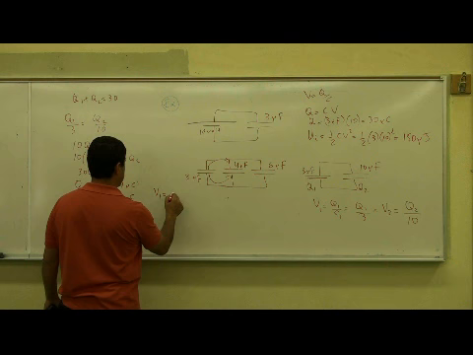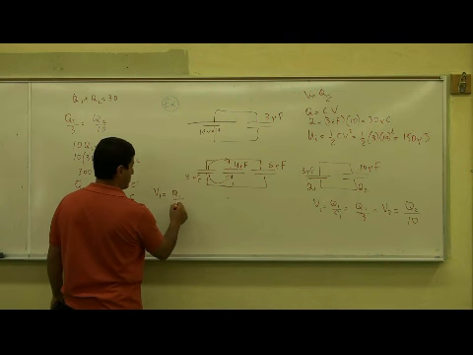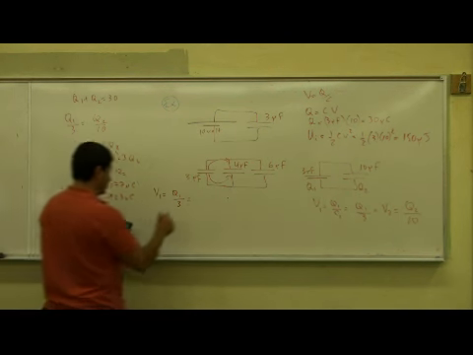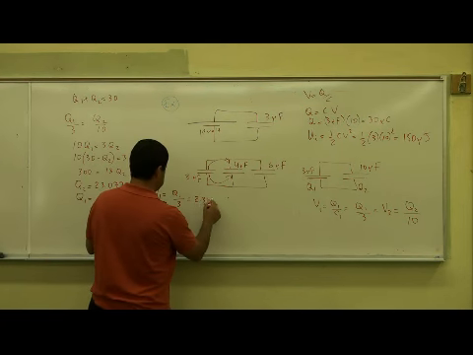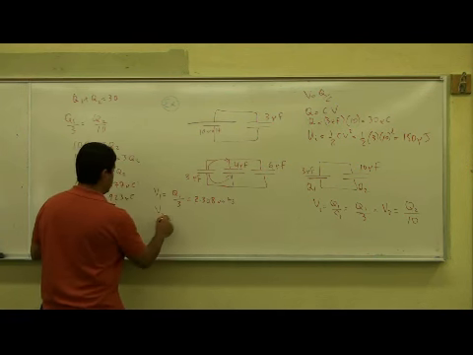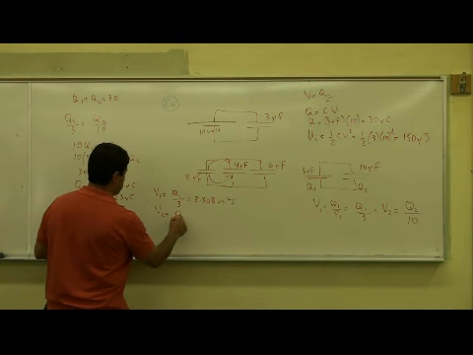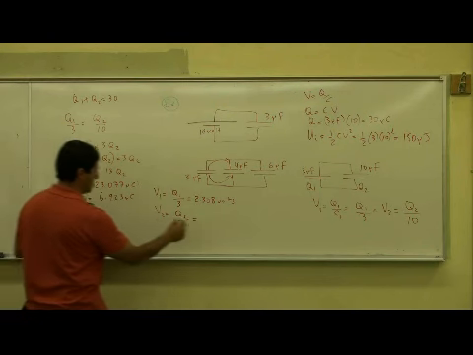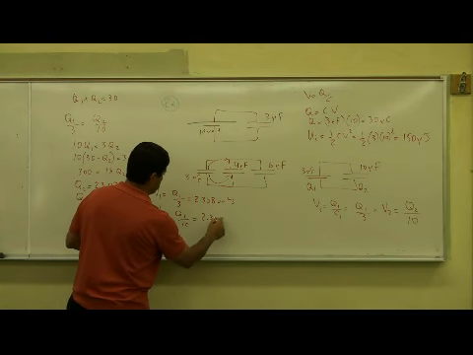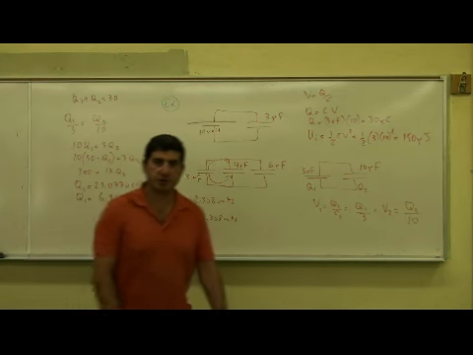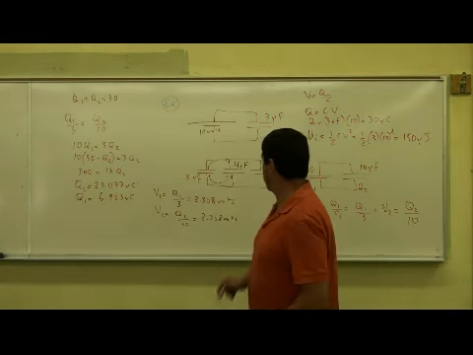V1 is equal to Q1 over 3. Divide this by 3. 2.308 volts. And V2 must be equal to Q2 over 10, which is this thing, so 2.308. There's some rounding error, but they should eventually be equal to each other.